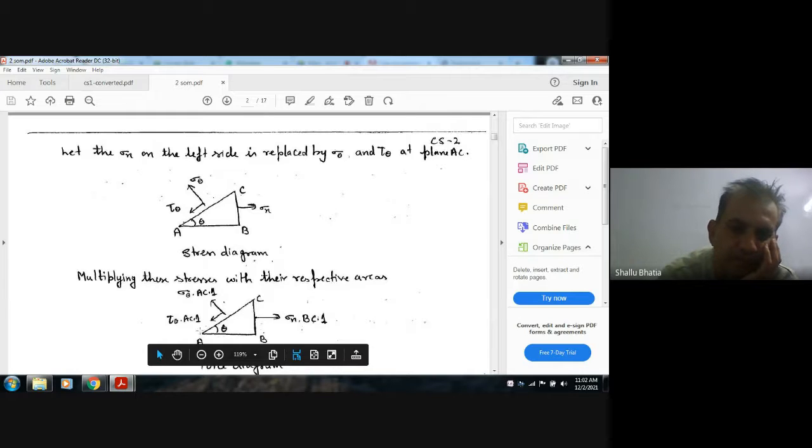This is the direction of sigma x, and the plane AB is the same thing.